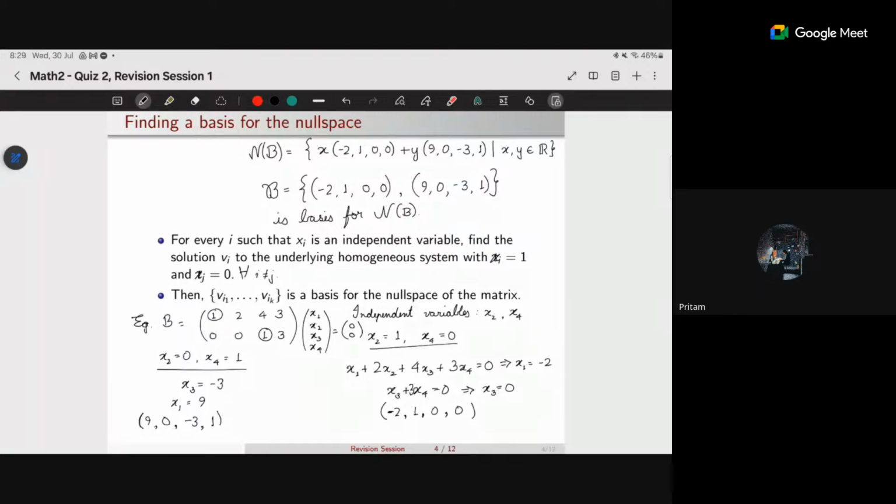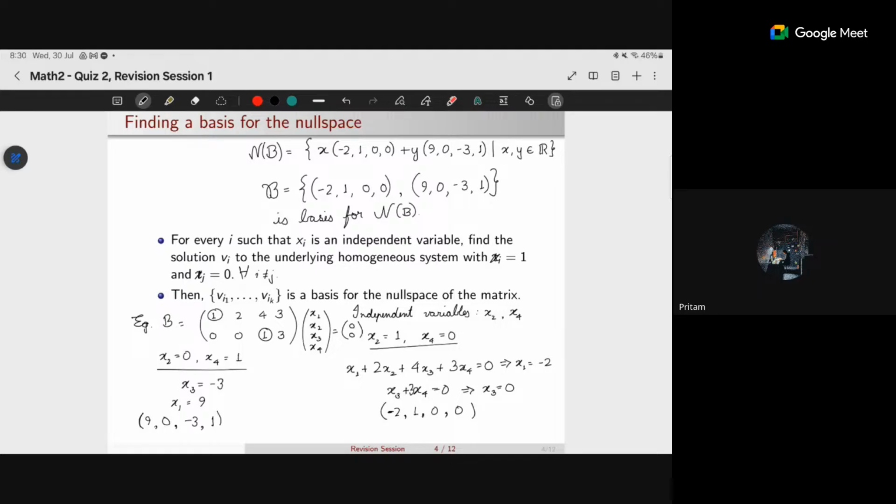There are infinitely many elements in the null space of B, which means there are infinitely many solutions to the homogeneous system of equations for which the coefficient matrix is B. But the basis will always have finitely many elements. And that finite number is exactly equal to the number of independent variables, or the number of columns without pivot elements. Okay, got it.